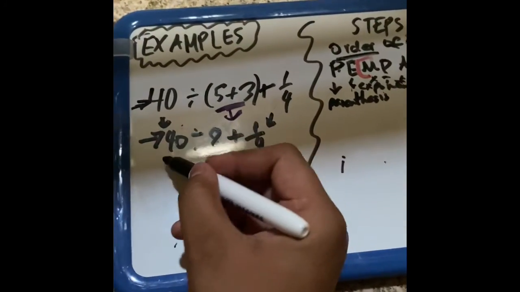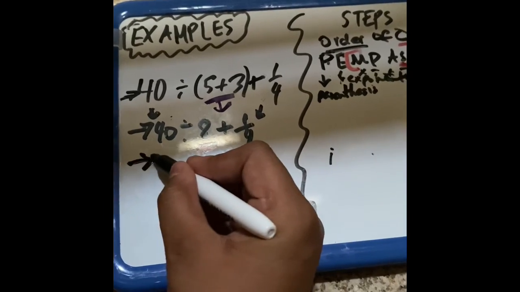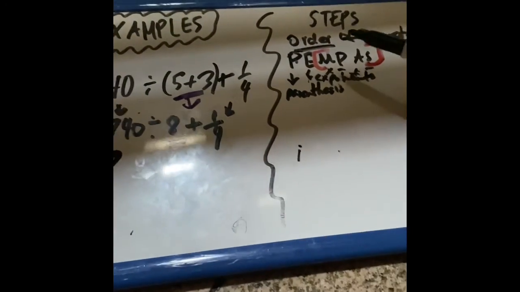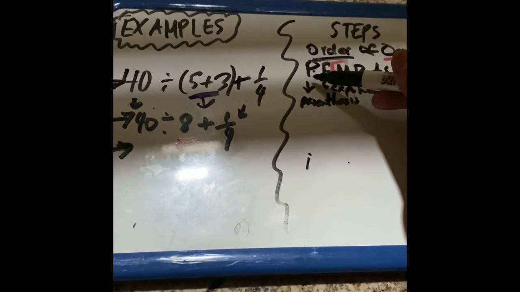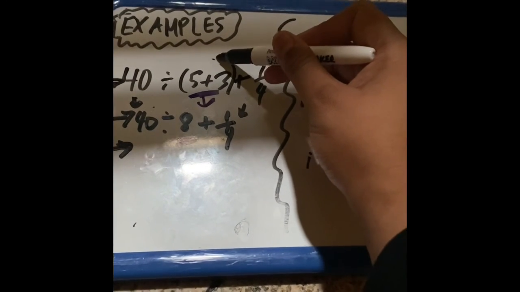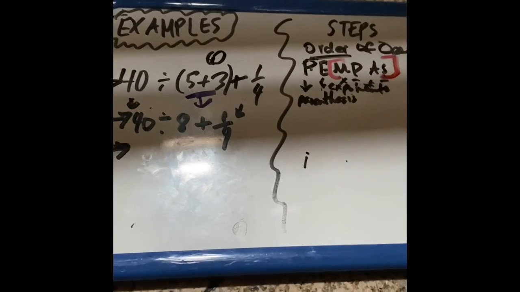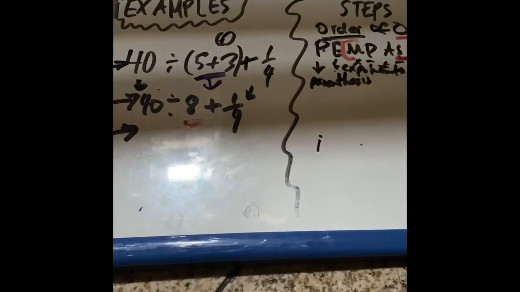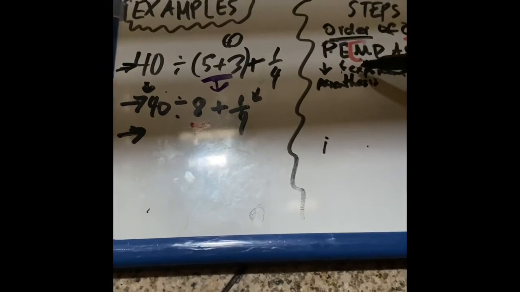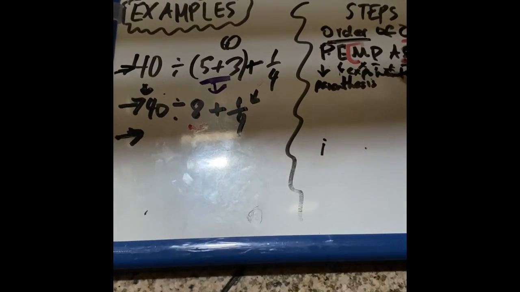Now, I'm moving on to step 3, guys. Let's go over here, order of operations. I have just done the parentheses noted in this step. So I'm going to put a little 1 up there. Do I have any exponents? No, I don't have any exponents in this problem. So I can move on to MDAS.